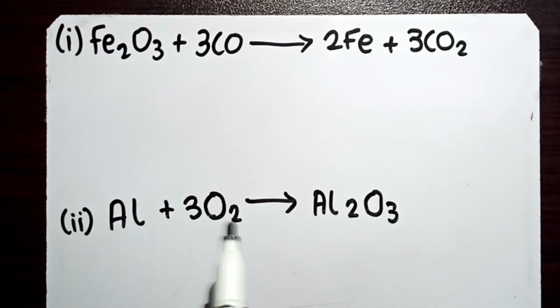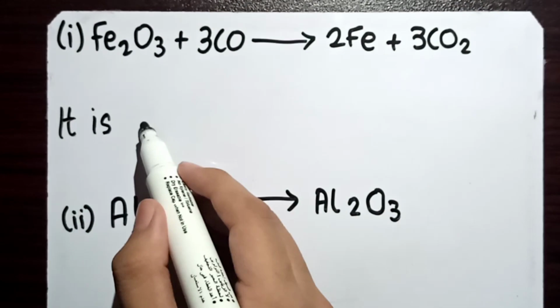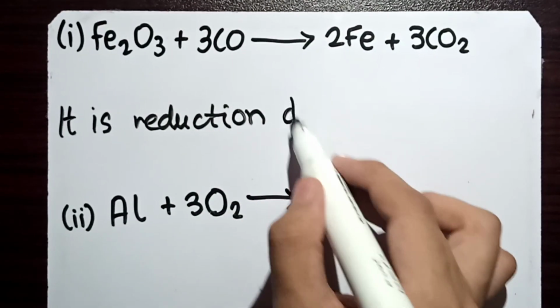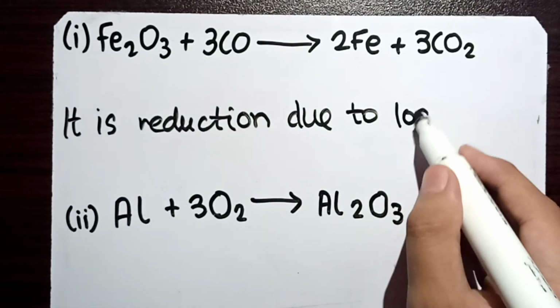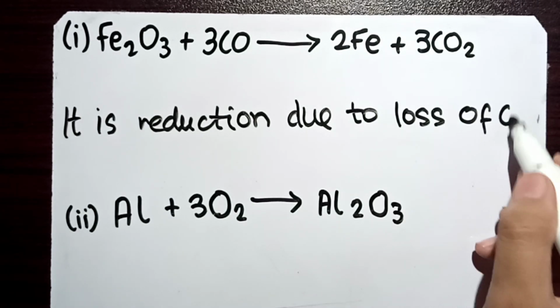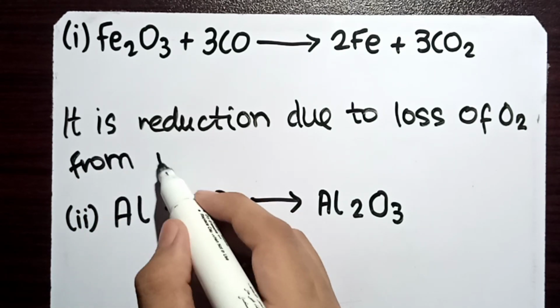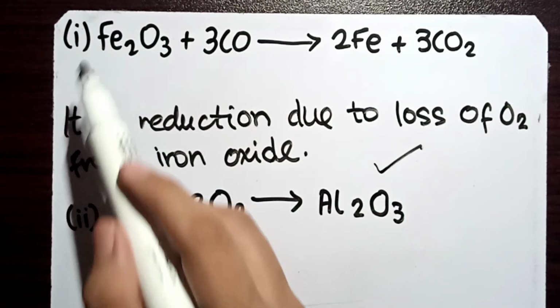Now there is a main important question for you, in which they are asking which one is reduction and which one is oxidation. So I will write that it is reduction due to loss of oxygen gas from iron oxide. Why?